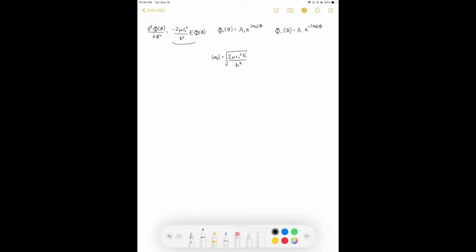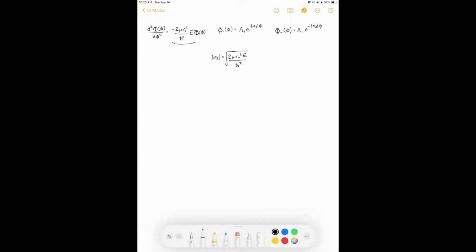All right. So despite having no potential energy, which remember that usually gave us boundary conditions to ensure quantization, these rotating molecules are still bound by the conditions of rotation. And so what do I mean by that? Well, I mean that after a molecule rotates all the way around the circle, it is back in the same position that it was before, and its wave function must be identical.